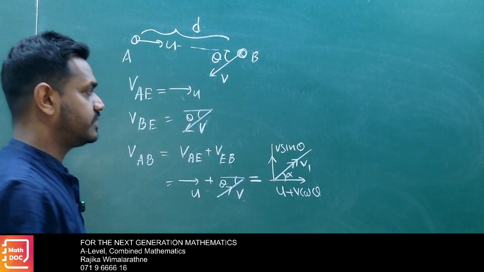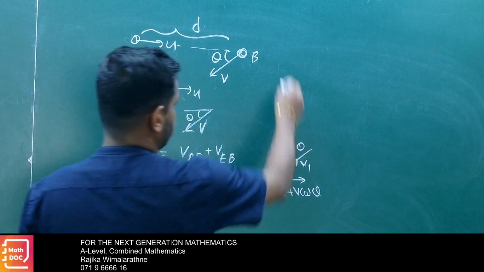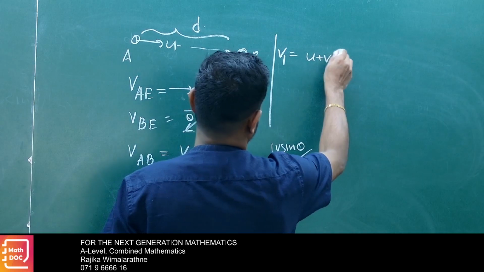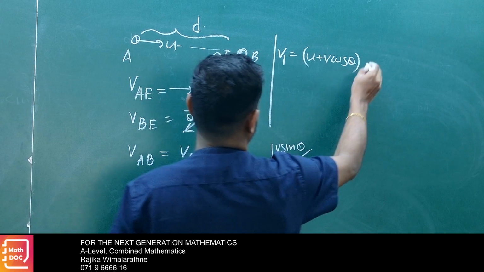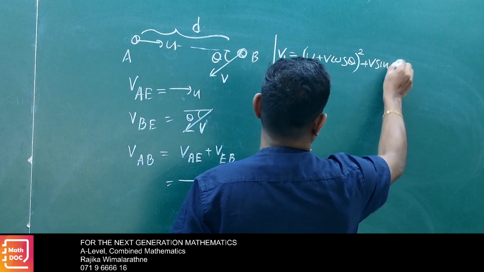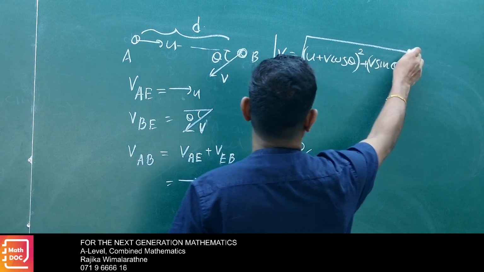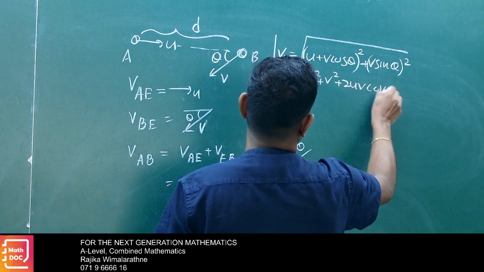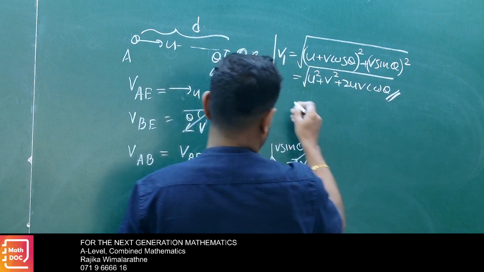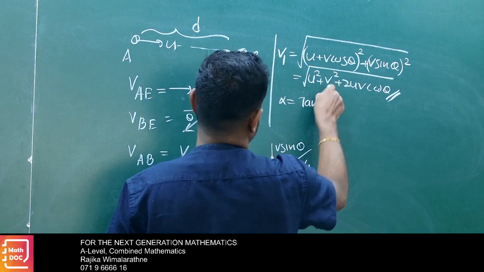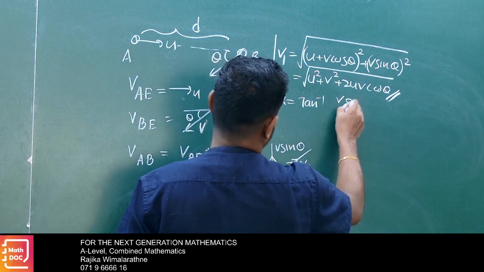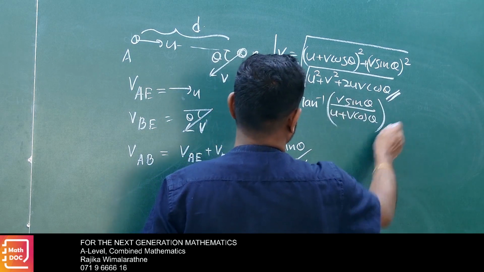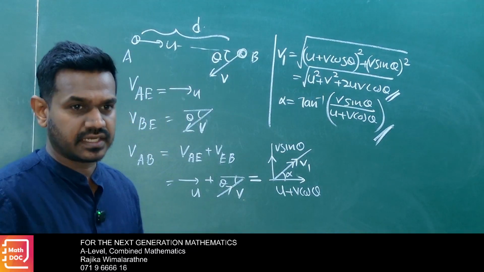Apply Pythagoras: the square root of (u plus v cos theta) squared plus (v sin theta) squared. Simplify: V1 is the square root of u squared plus v squared plus 2uv cos theta, the final version. Then alpha equals tan inverse of v sin theta over u plus v cos theta. These are general relations, the resultant of two vectors.